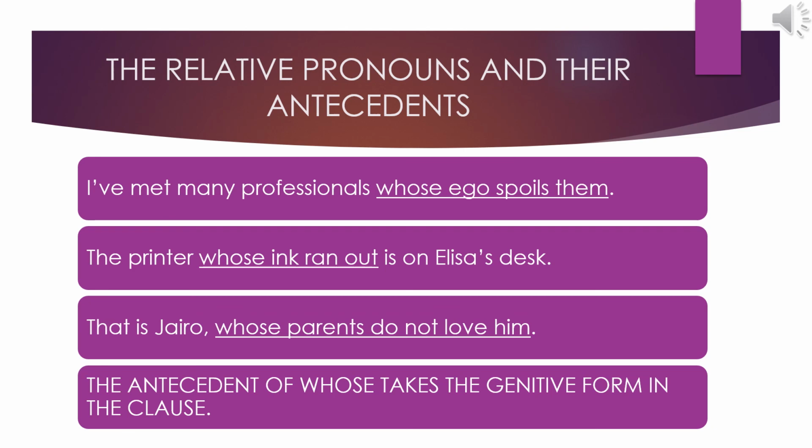Jairo's parents do not love him, right? That's what it says. Again, this relative pronoun is going to be classified as an object relative pronoun, not as a subject relative pronoun.